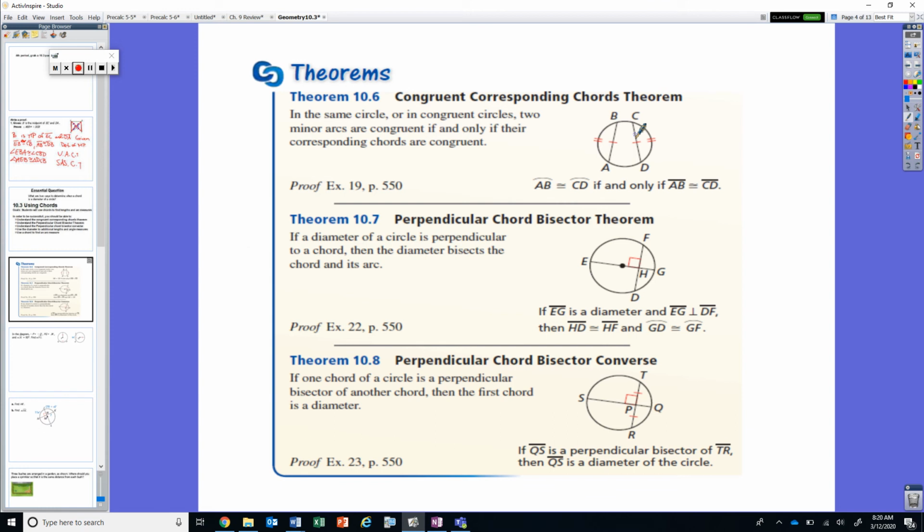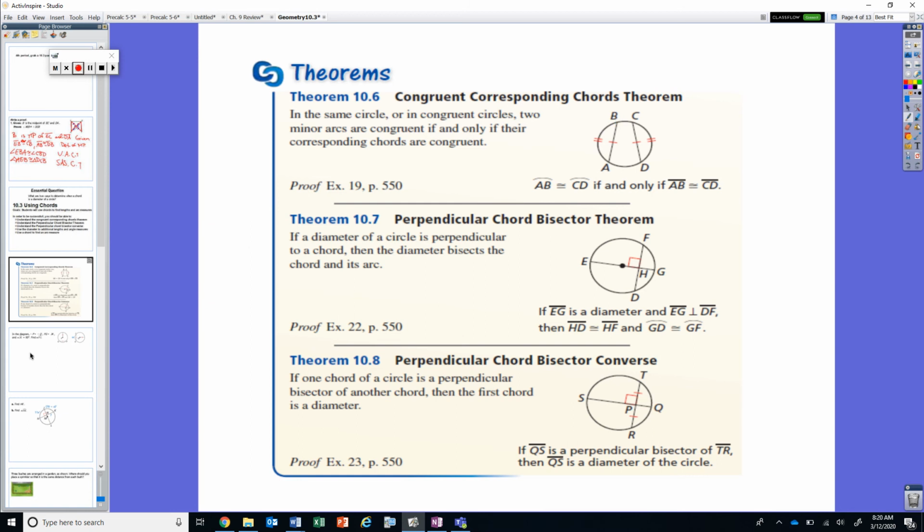The only way that these guys are congruent is if the subtended arcs, right, the corresponding arcs CD and BA are also congruent in length. So if the length of the chord is congruent to the length of this chord, that means the length of the arc and the length of the arc are also congruent to one another.